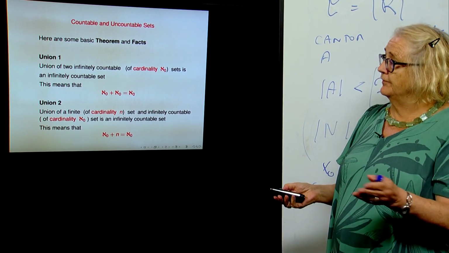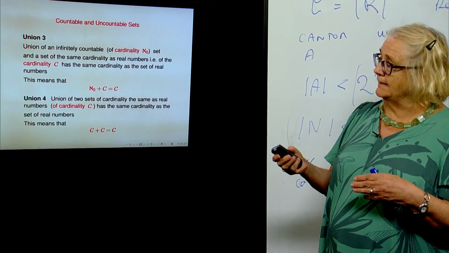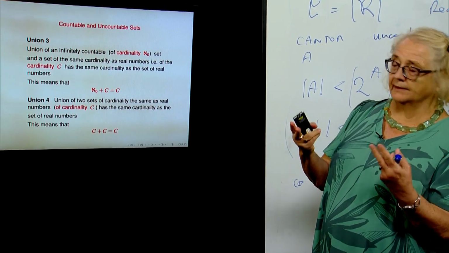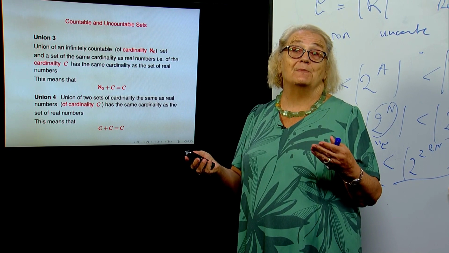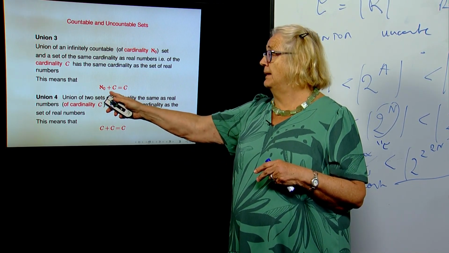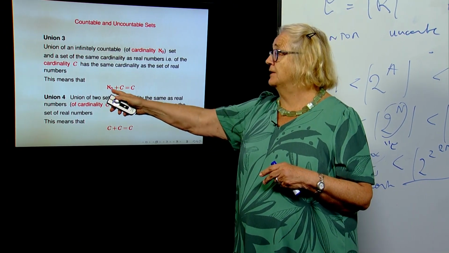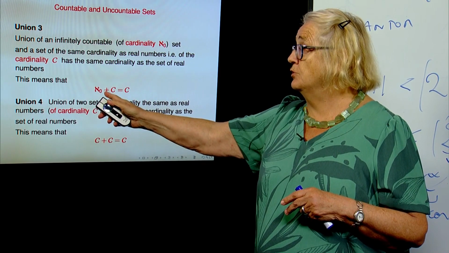And now you can see you have at least 2 cardinal numbers, you can use them and have arithmetic of cardinal numbers. For example, Aleph 0 plus C is C, because plus is the union.